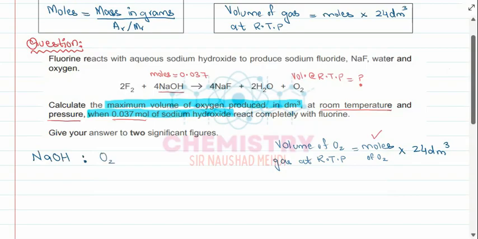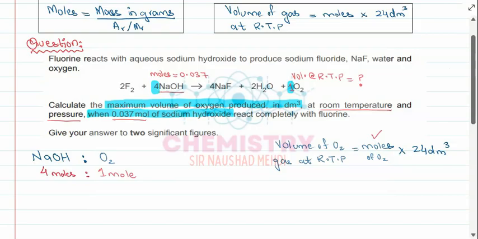According to the balanced equation, NaOH is having 4 moles, and before oxygen nothing is written, which means it's 1 mole. So the ratio is 4:1. I will write 4 moles to 1 mole.